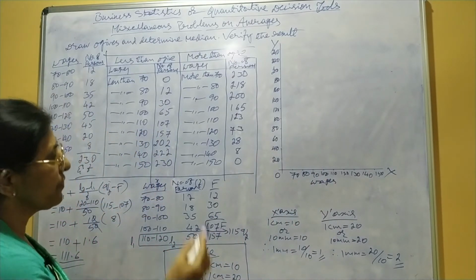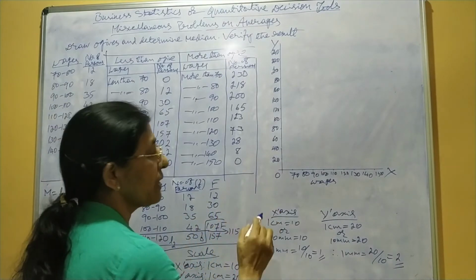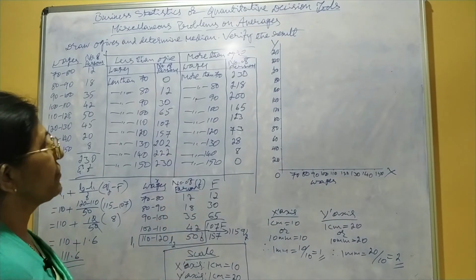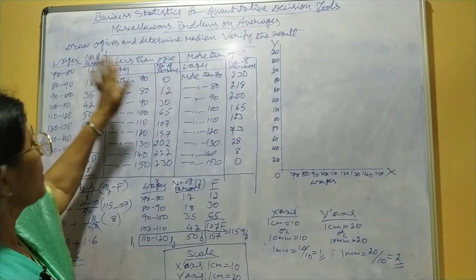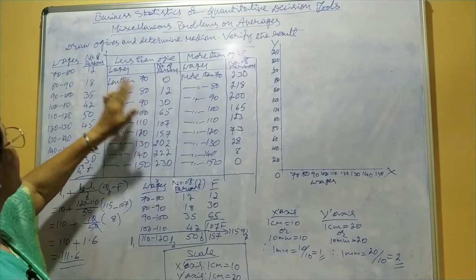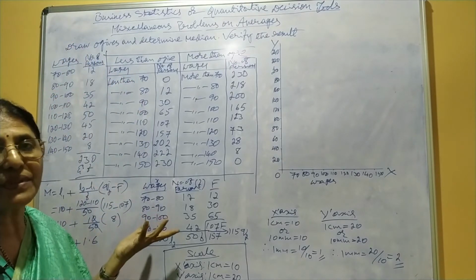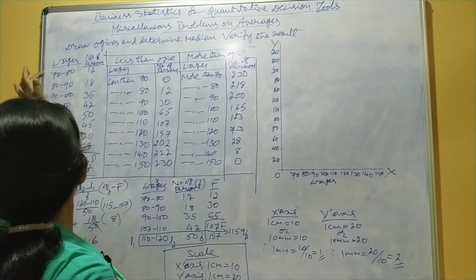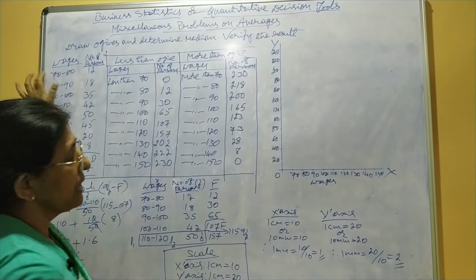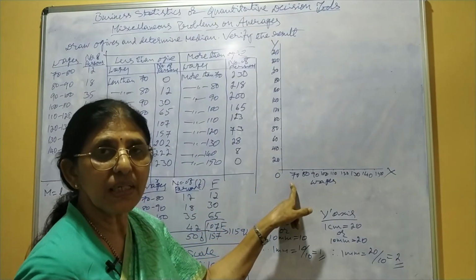If you start from 10, then what happens? From 10 to 70, no data. We don't have any frequencies corresponding to 10, 20, 30, 40, 50, 60, isn't it? Therefore, the class has started from the lower limit of 70, so we have to start from there itself.